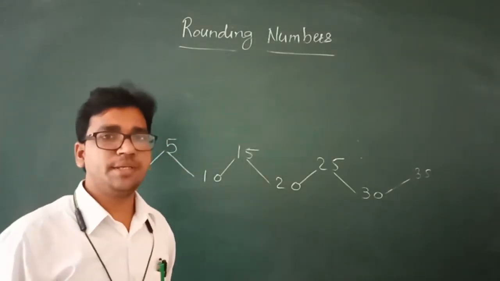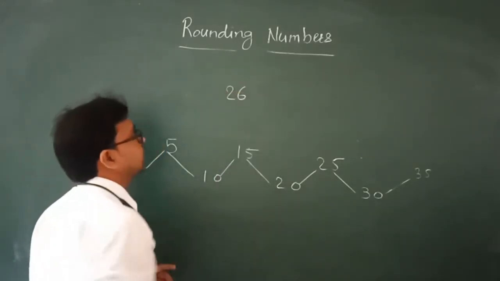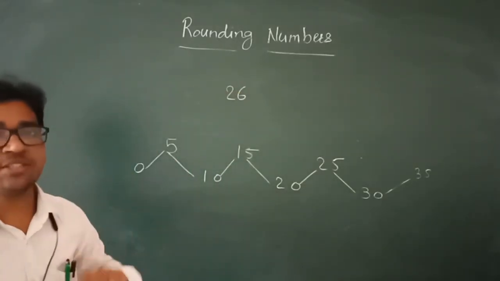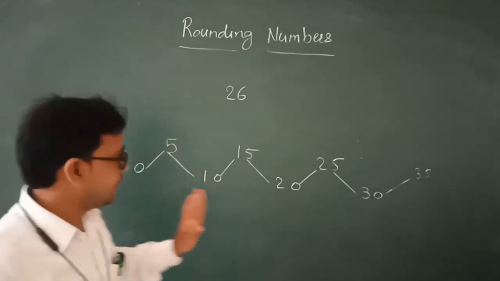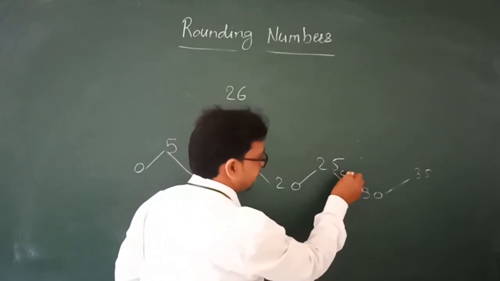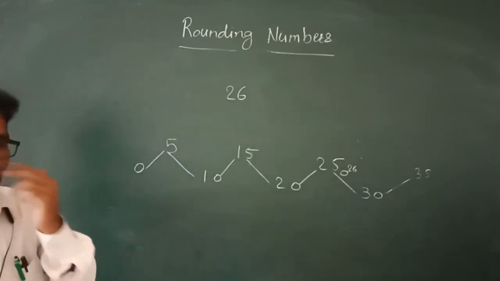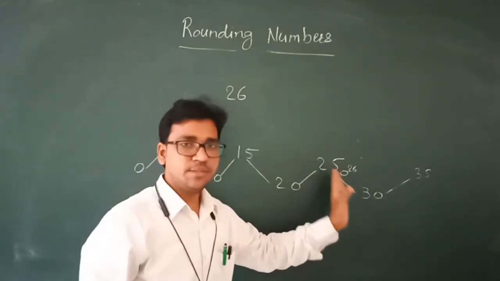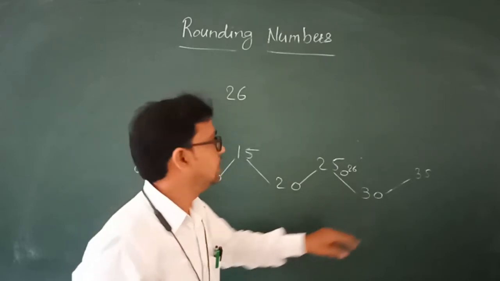Now suppose the number is 26, and we have to find the nearest tens of 26. Where does 26 come? It comes after 25. So it is closer to 30.